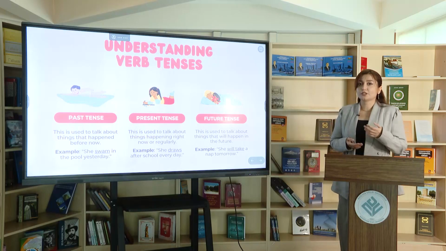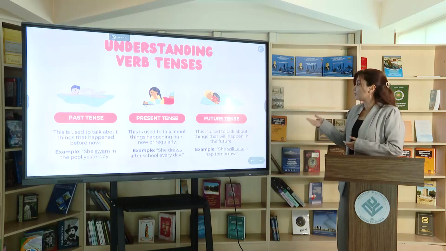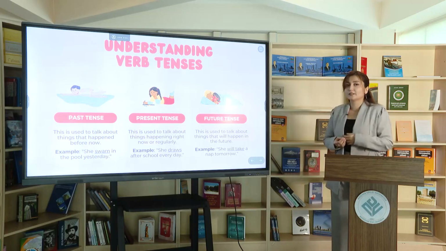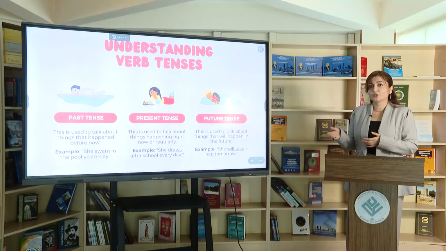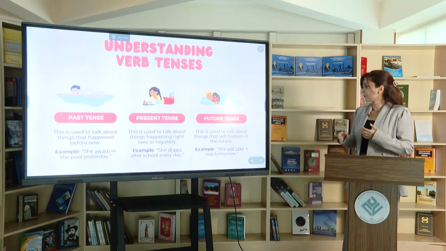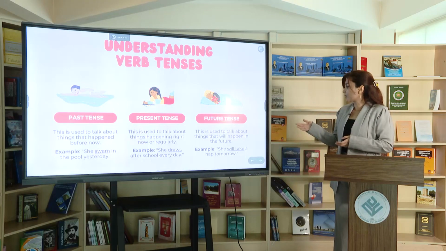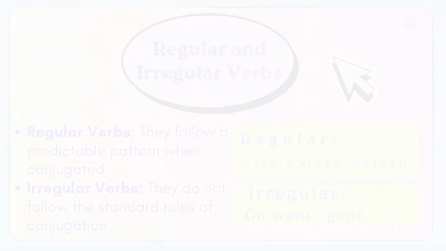It means that she does it regularly. And future tense is used to talk about things that will happen in the future, next month, next days, etc. Example: she will take a nap tomorrow.